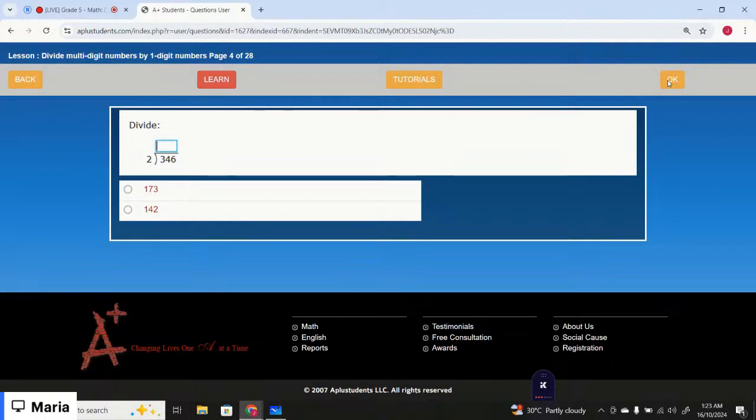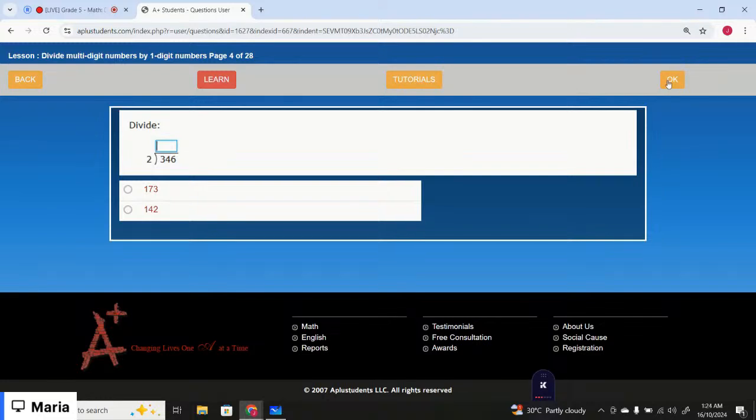346 divided by 2, which is the correct option? Yes, that is 173.